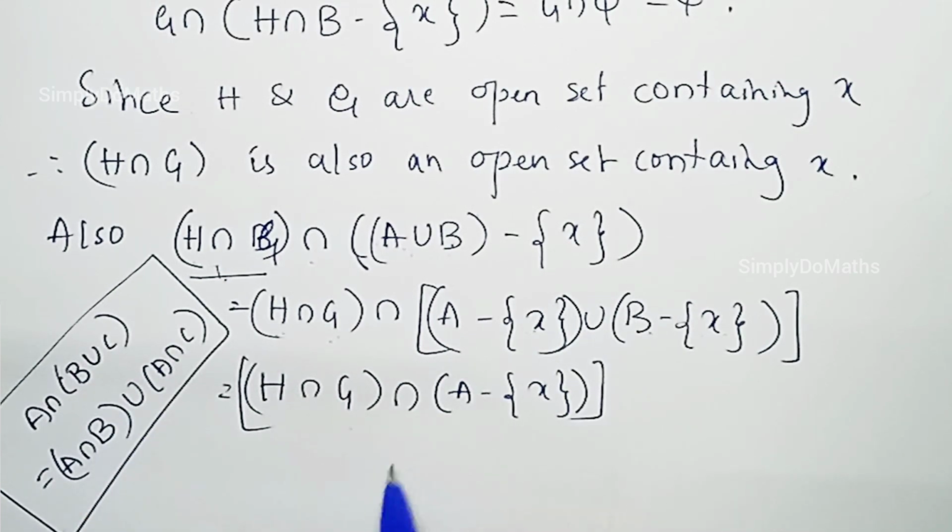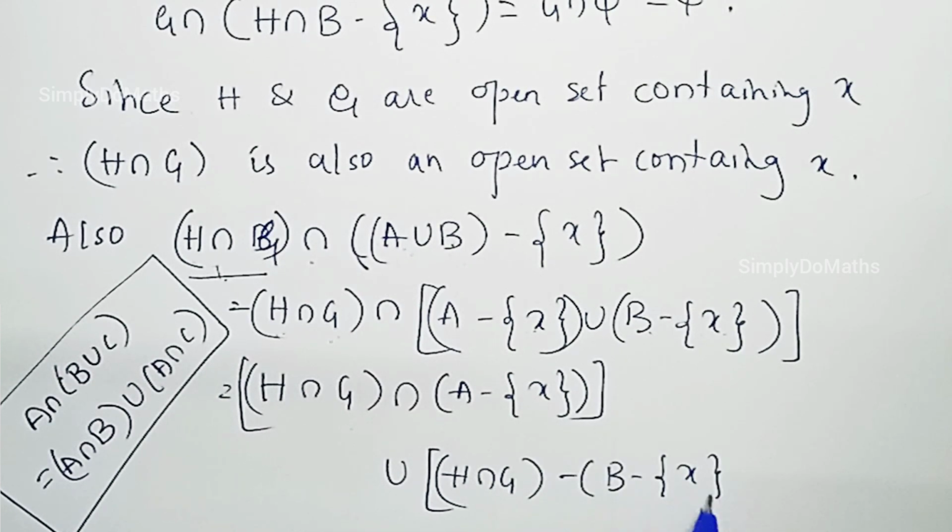Here union, in the place of A again we have H intersection G, and in the place of C we have B minus singleton set X.